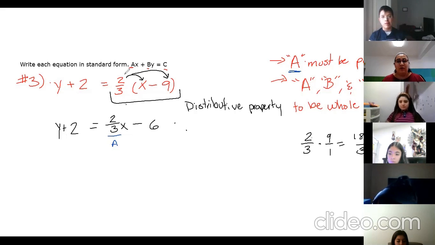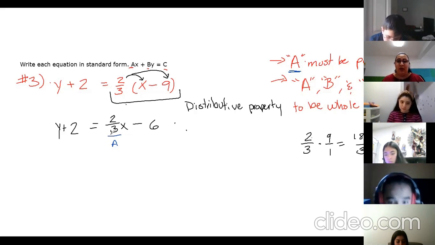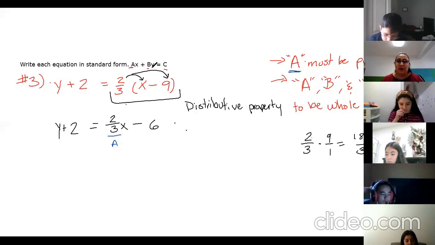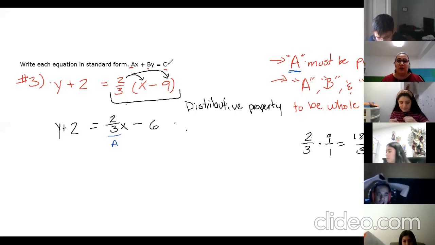Remember that my equation in standard form is A of x plus B of y is equal to C. I want to keep A positive, and since this is a whole number by itself, we don't want to bring it over here, because x and y need to be on one side and the whole numbers on the other side.